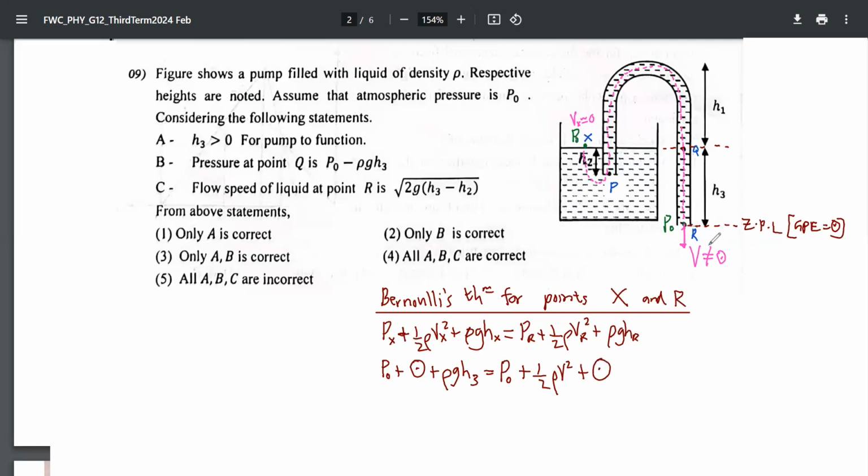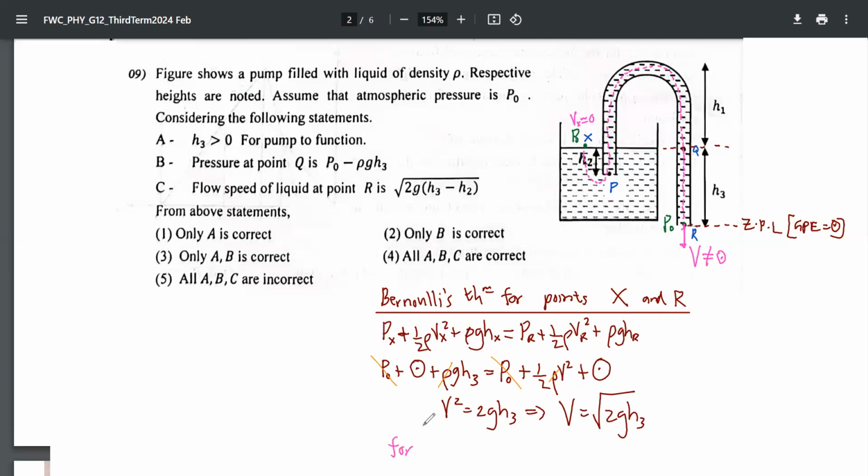Okay, so which terms can be cancelled out here? P naught will get subtracted, and density will get divided. So finally, we will arrive at an equation for V squared: 2g H3. Therefore, V is equal to root of 2g H3. For the siphon to work, what is the condition?